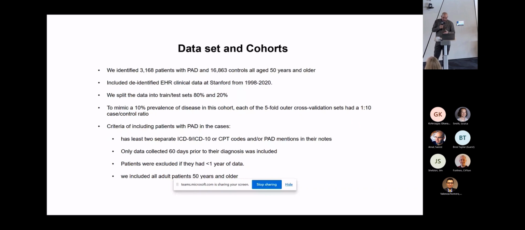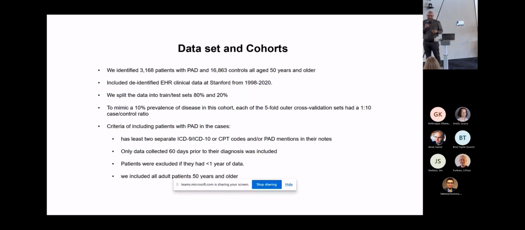For including patients as those that have peripheral artery disease, the criteria was every patient that has at least 2 diagnoses or mentions of ICD codes or CPT codes for peripheral artery disease.